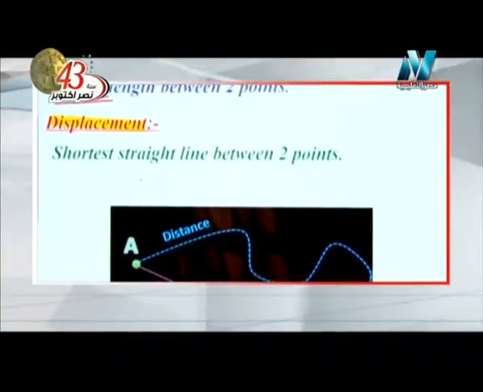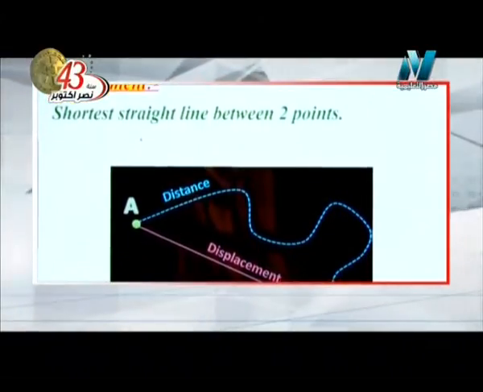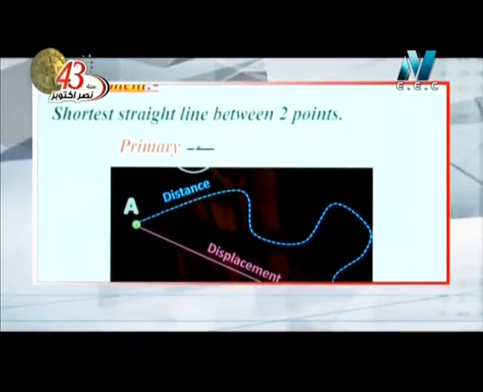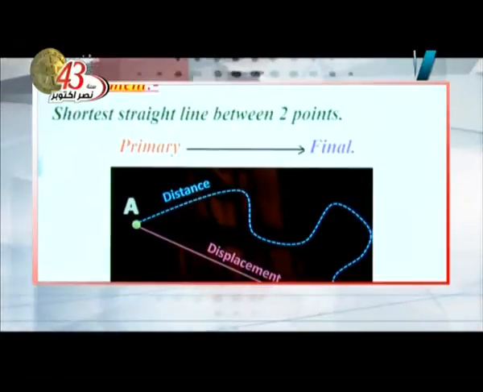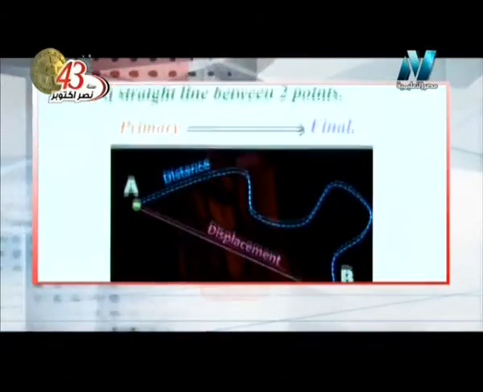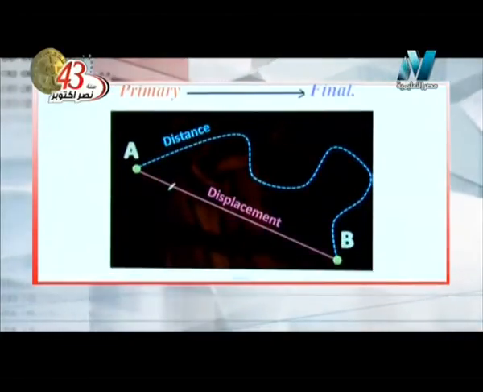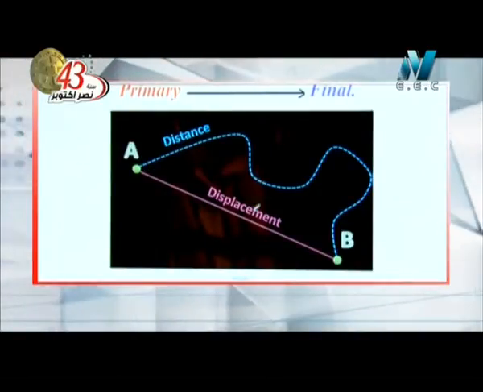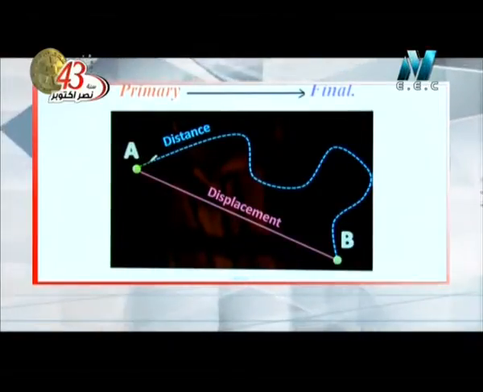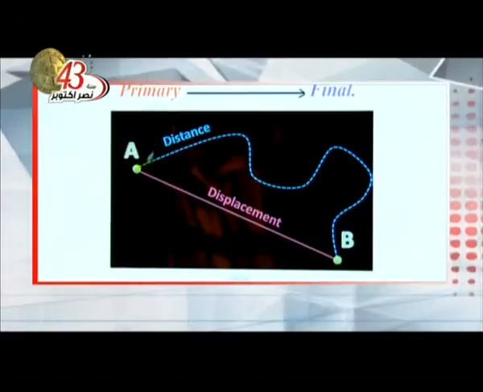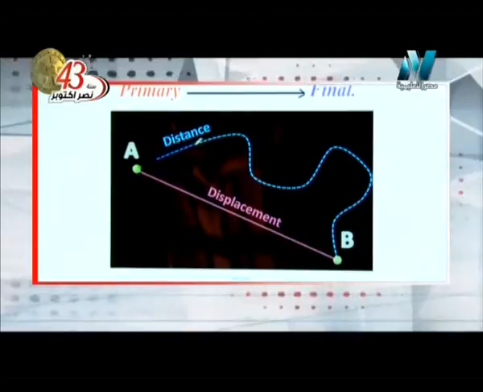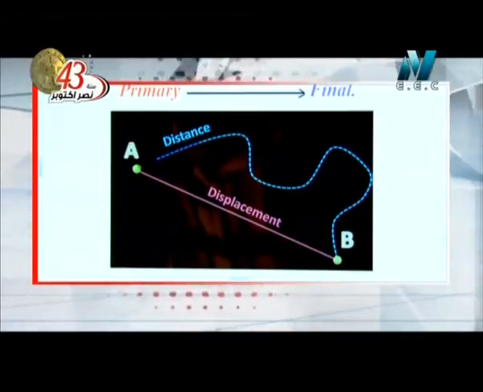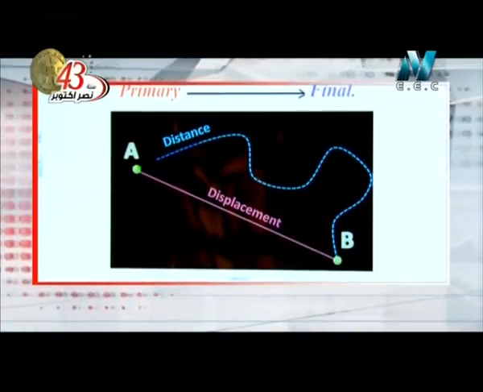As we see here in this figure, how can we differentiate between here and here? For example, the primary point and a final point. Here we have point A and point B. This body goes from point A to point B. Distance is how it actually walked: it walked like this, along the line I will draw in another color so it is clearer for you, the red line.